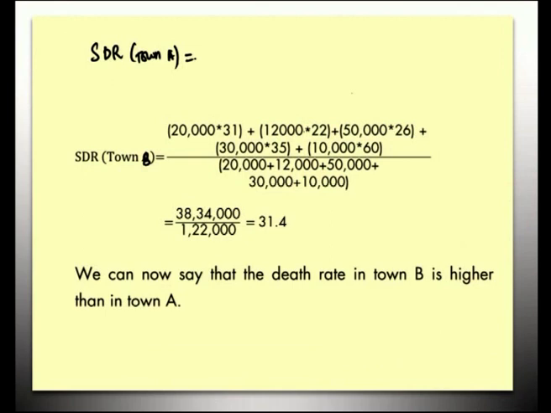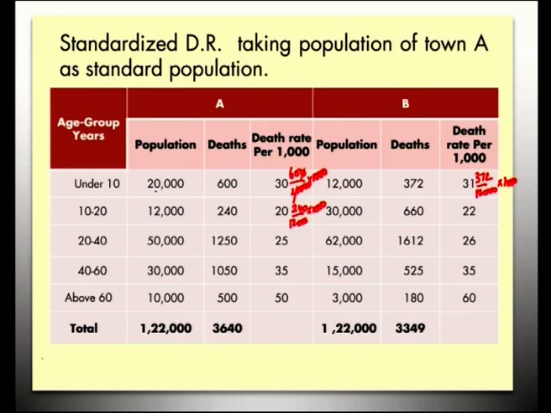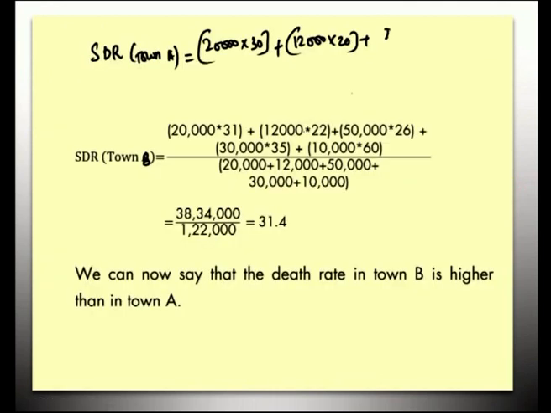First, let us write the SDR for town A. That is, the standardization has to be done as I told you already. 20,000 into 30 plus 12,000 into 20 plus 50,000 into 25 plus 30,000 into 35 plus 10,000 into 50.